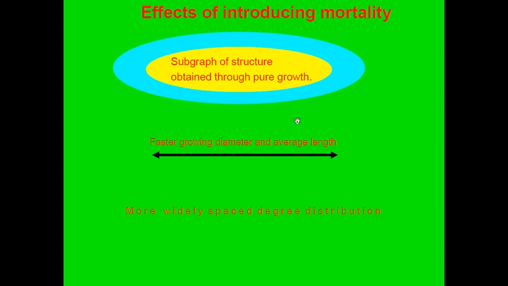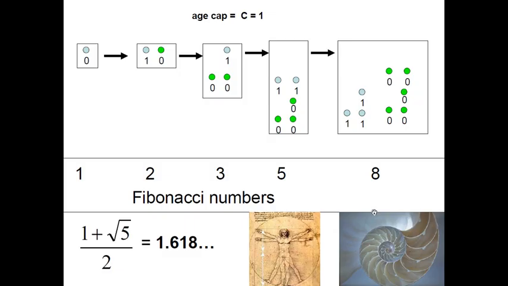So these networks tend to be longer. And the reason for that is that the vertices in the middle tend to be the older vertices, and they tend to be dead in these models. And another thing is we tend to have more widely spaced degree distributions.